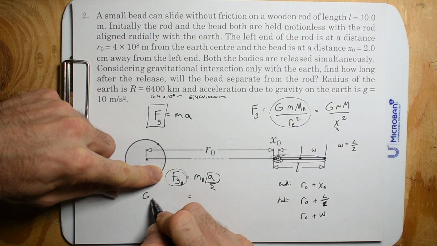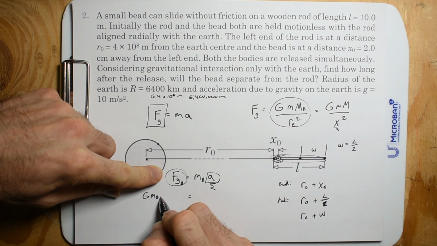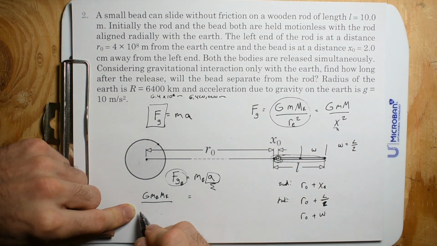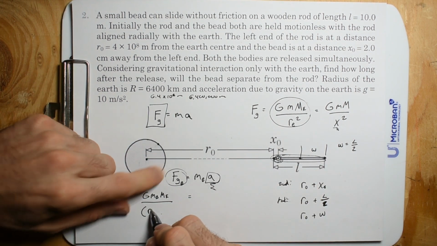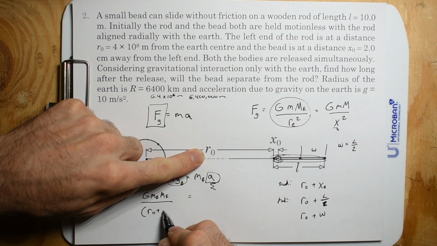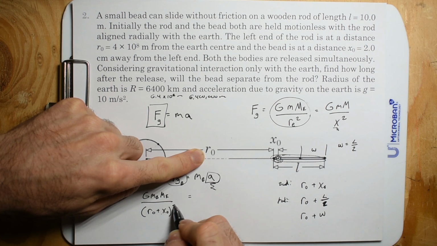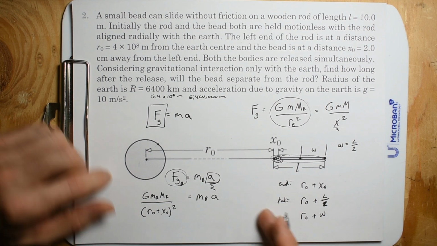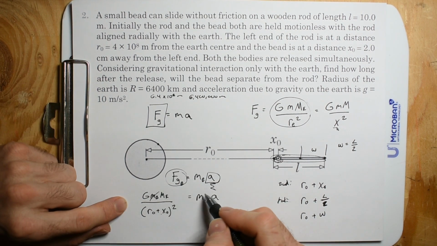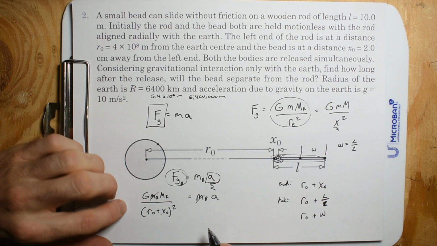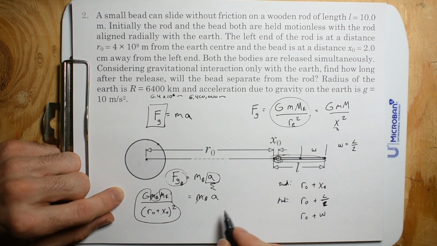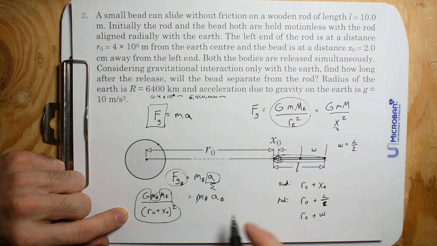So we have the gravitational constant, mass of the bead, mass of the Earth, and the distance is going to be r naught plus x naught, and that's going to be squared. This is going to equal the mass of the bead times the acceleration. And you can see that the mass of the bead drops out. So we have this term for acceleration that is just this, and this is the acceleration of the bead.